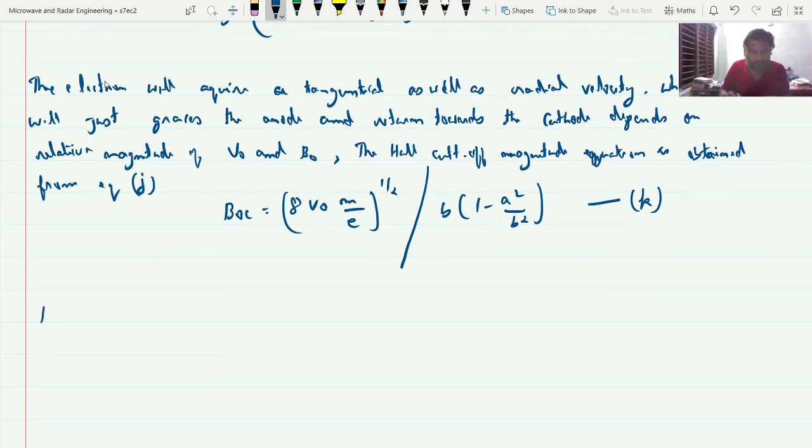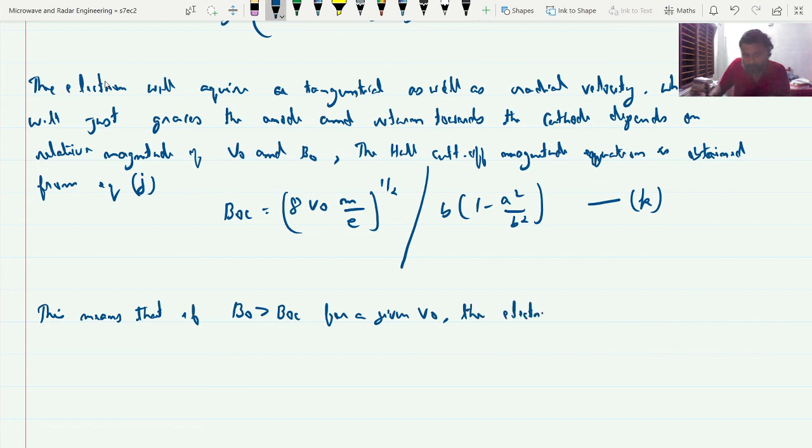So this means that if B naught is greater than B naught C for a given V naught, the electron will not reach the anode.